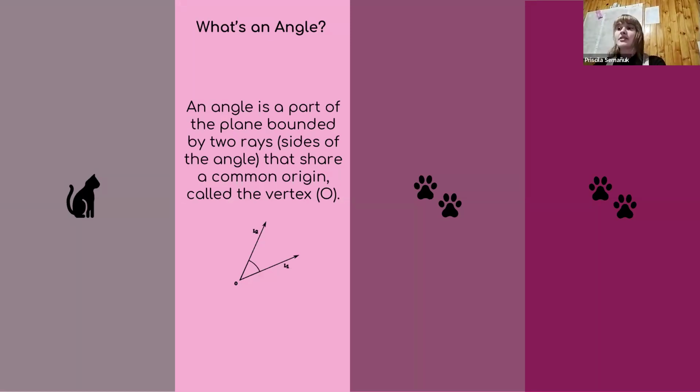Here you see a little triangle that doesn't have one side, so it's just two vectors. We have L1 and L2. And here we have an O. So the little piece, like a small triangle, that's the angle that we're going to study. So it's bounded by two vectors. And here we have a common origin, the vertex. So this is one definition.